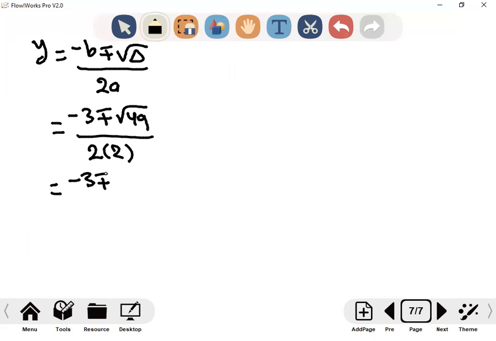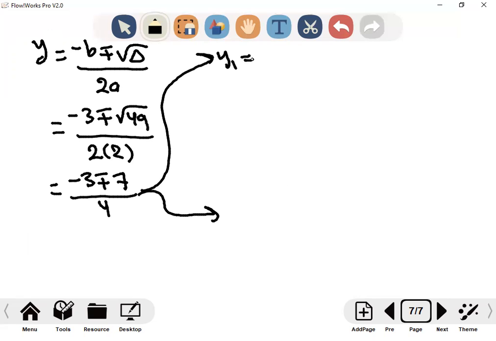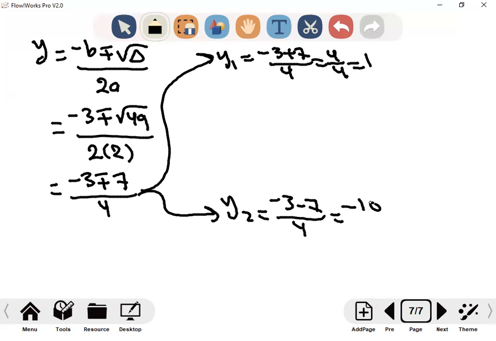Minus 3 plus minus 7 over 4. Now how many y's do you have? y1 equal -3 plus 7 over 4, which is 4 over 4, which is 1. And y2 equal -3 minus 7 over 4, -10 over 4, -5 over 2, -2.5, right?